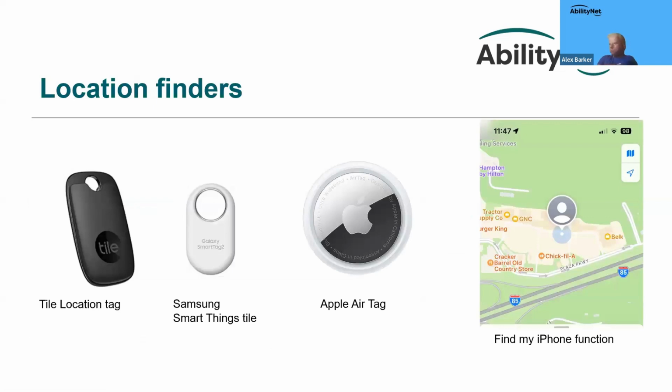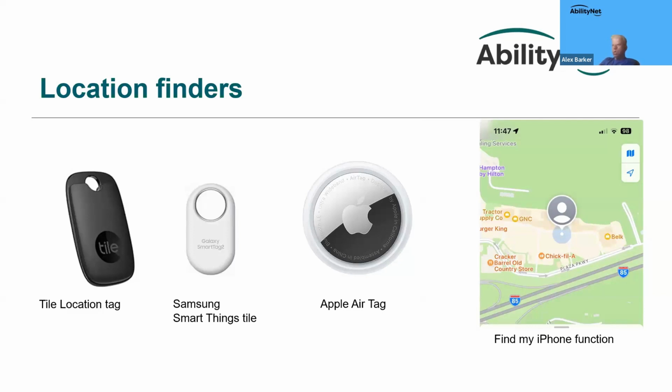Okay, so a lot of people are really, really concerned because they might have a loved one with Alzheimer's and they have a tendency to walk off, or they might have a tendency to use a device. So there are 4 examples here of how devices can help you.